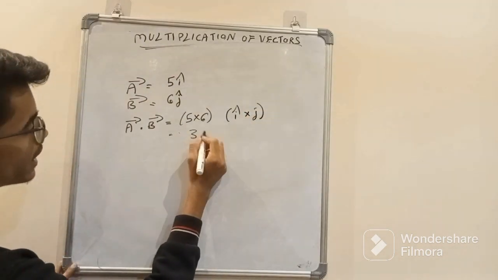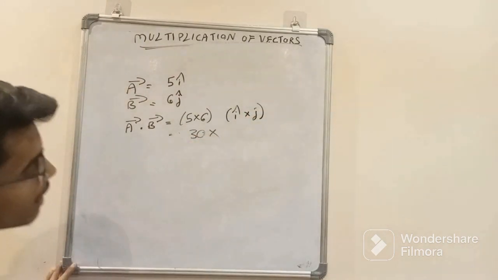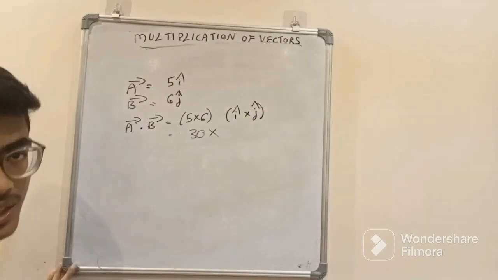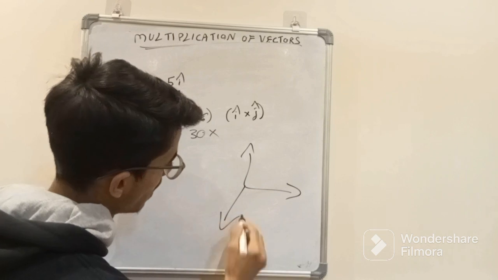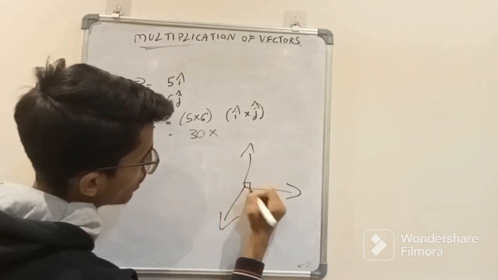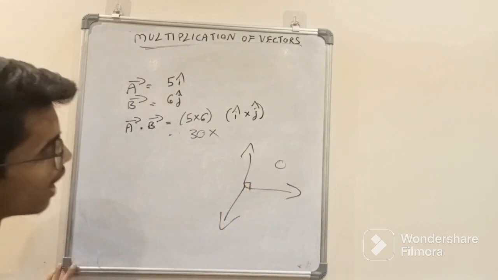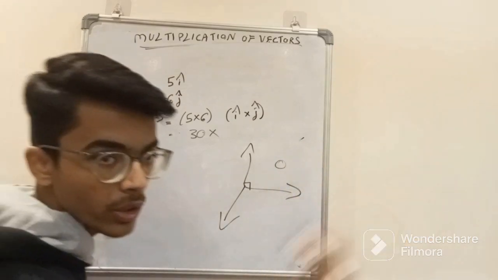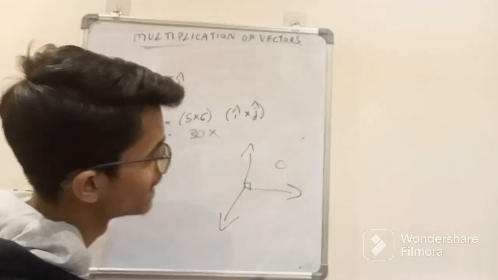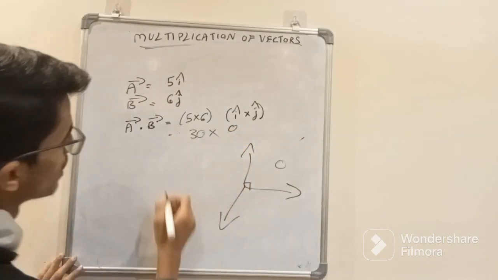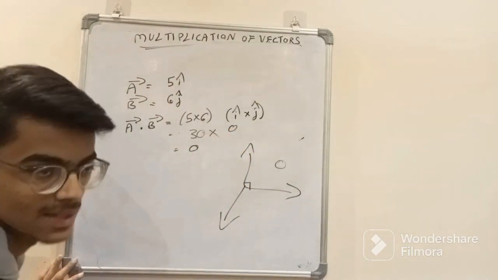So this will be 30 multiplied by I cap into j cap. हमने अभी डिस्कस किया था, अगर perpendicular है the product is 0. अगर ये i into i होता the product would have been 1, but ये i into j है, that means 1 cos 90, so that means this is 0. So our answer is 0.